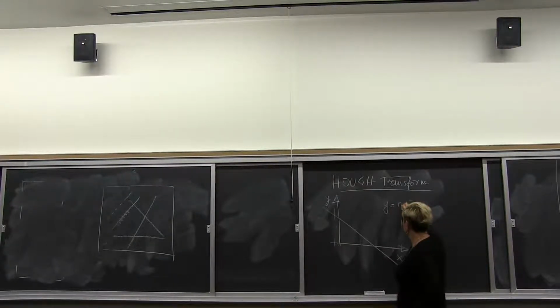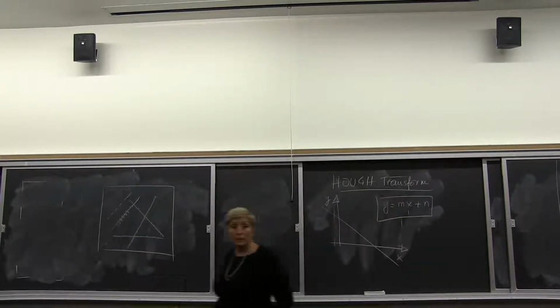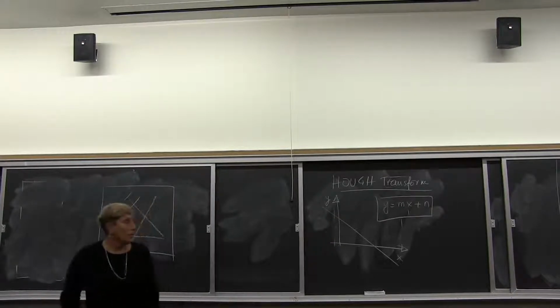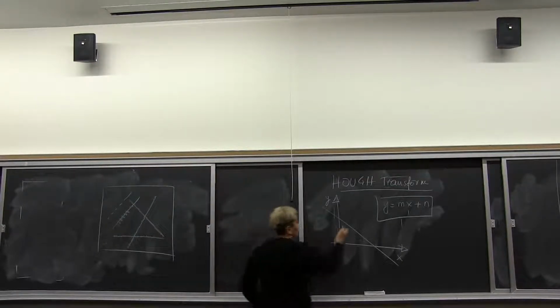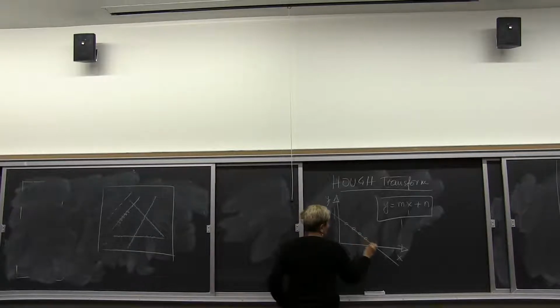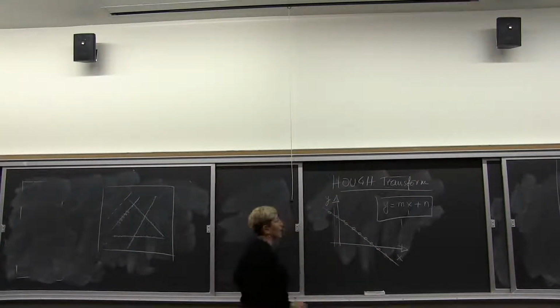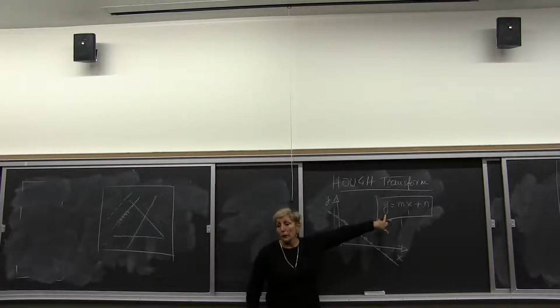Let's say I use this equation. What is the slope of the line? m, right? All of the points on this line have to satisfy this equation.